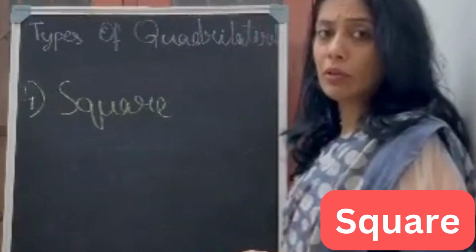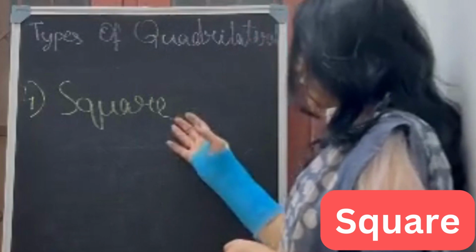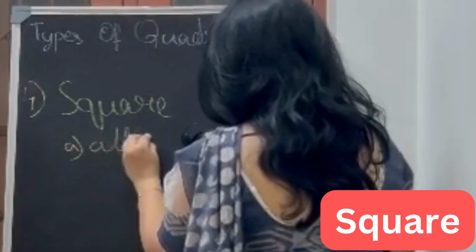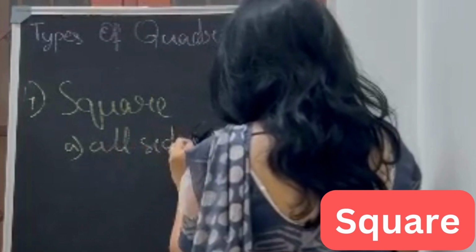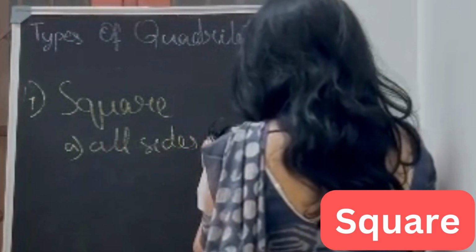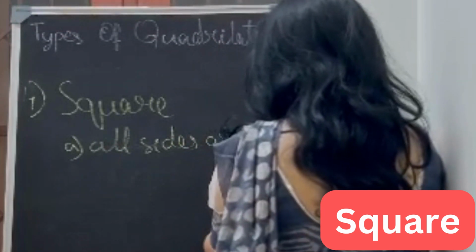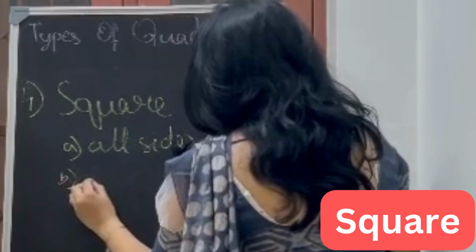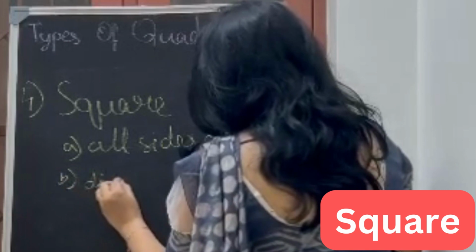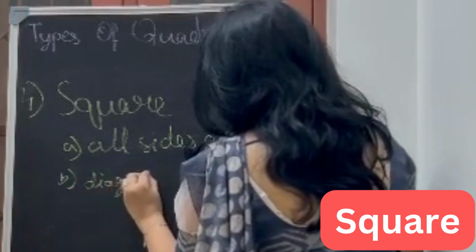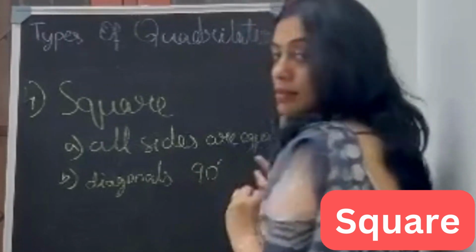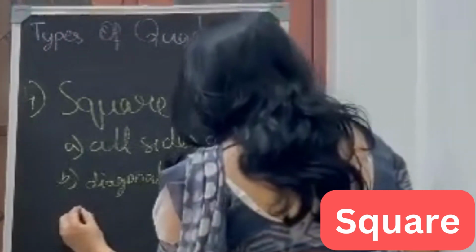Remember to make a note of all the conditions. The first condition of my square was all sides are equal. Then my second condition was diagonals intersect at 90 degrees.